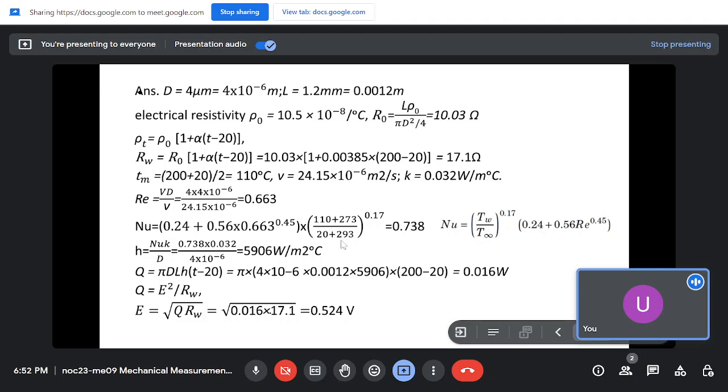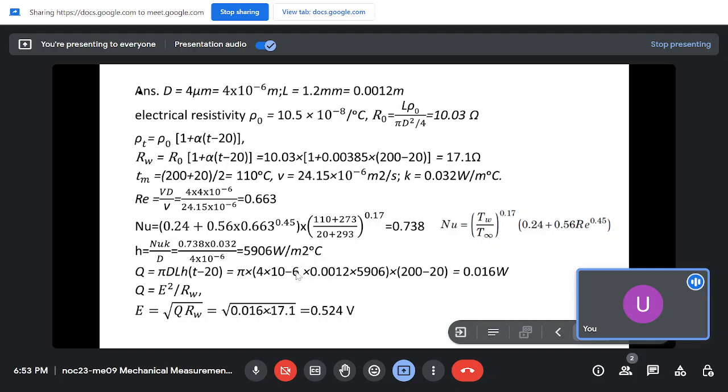On substituting, we get a heat transfer coefficient of 5906 watt per meter square degree Celsius. In this case, it's degree Celsius. And because the thermal conductivity is given in degree Celsius, from there we calculate Q as pi d L H into T minus 20. So we substitute pi, and then we also substitute the known values d, L and H.